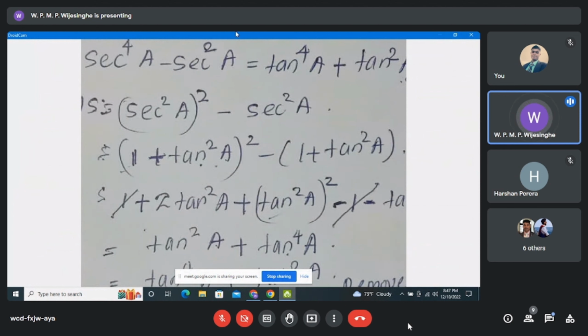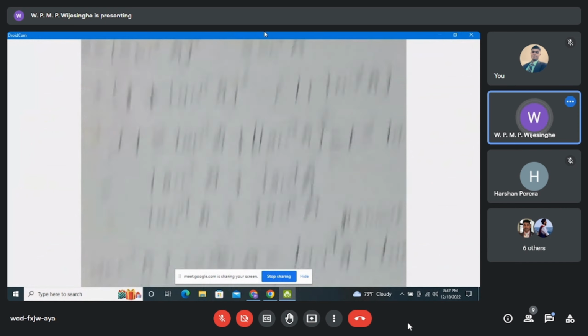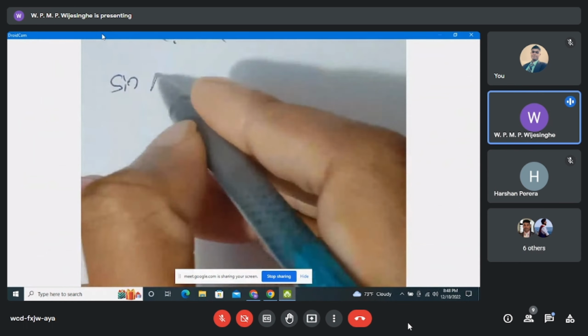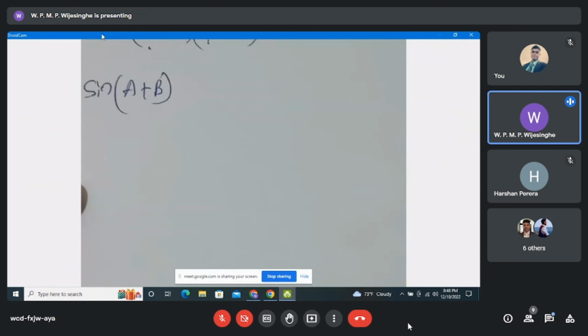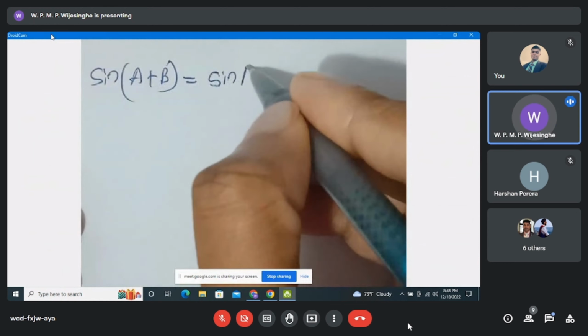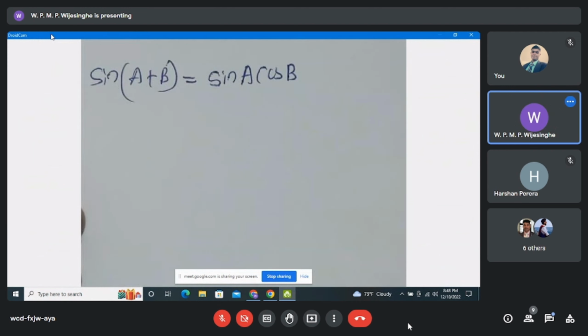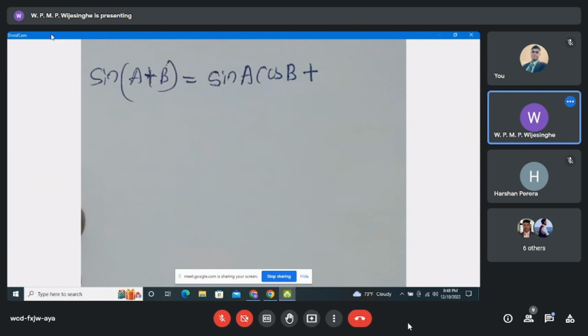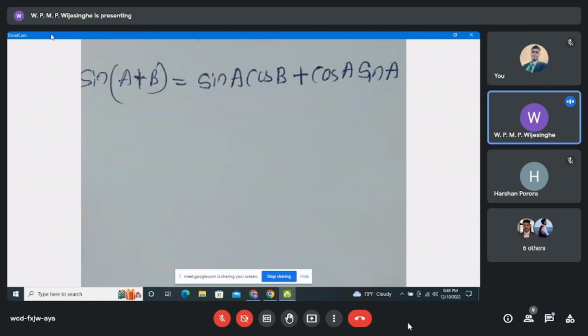Next, I will teach you another relationship with these sine angles, right? If the sine of the summation of two different angles is given like this, here sine A plus B, right? We can write this as sine A cos B. When there is a summation here, it is plus. Then cos A sin B, right?